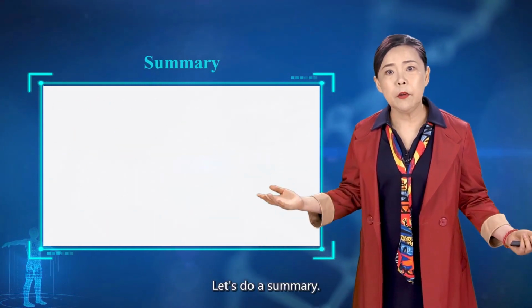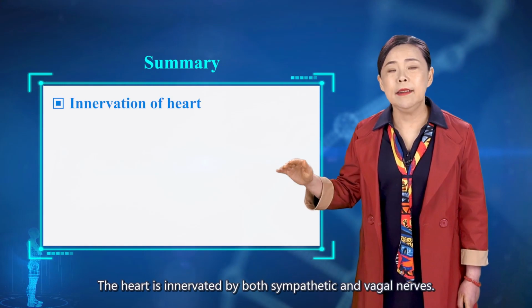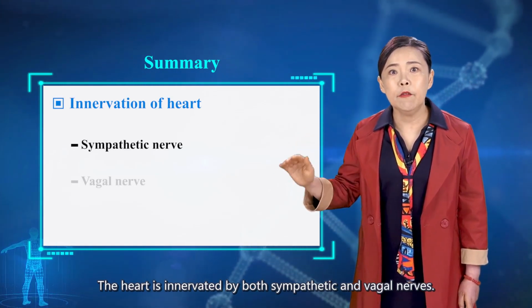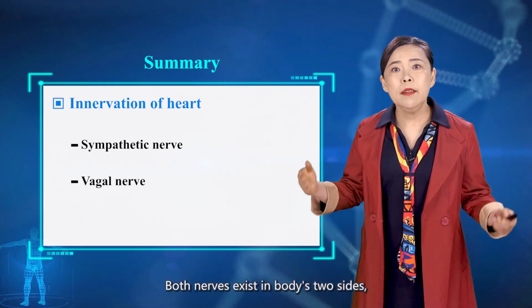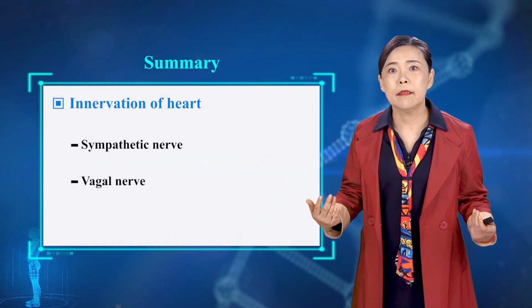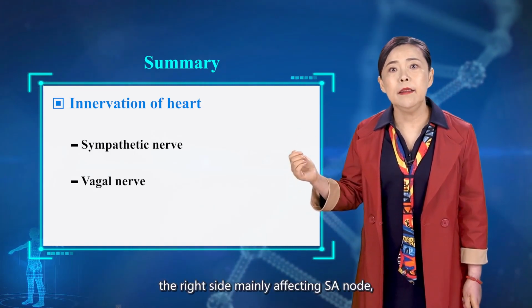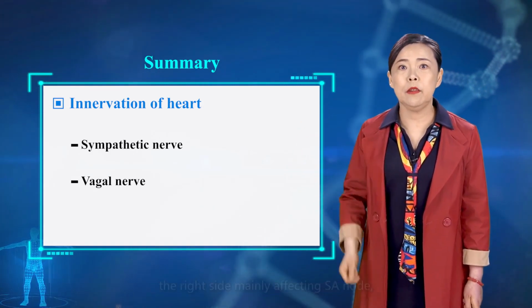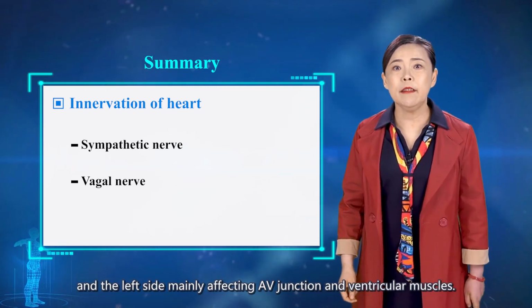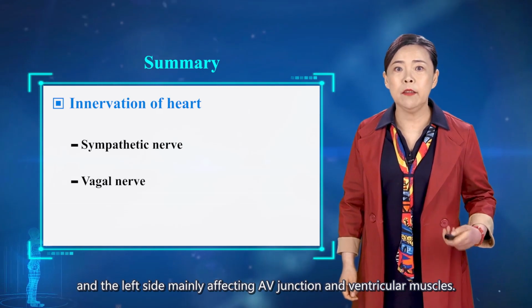Let's do a summary. The heart is innervated by both sympathetic and vagus nerves. Both nerves exist on both sides of the body. The right side mainly affects the SA node, and the left side mainly affects the AV junction and ventricular muscles.